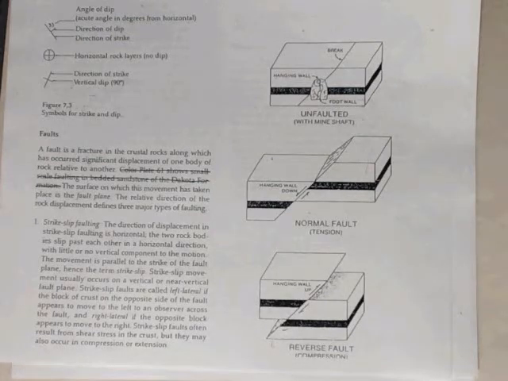Okay, so those varieties are the faults, but there is another variety that we talk about, the folds. Okay, and so those are over here on your page 5 in your handout.